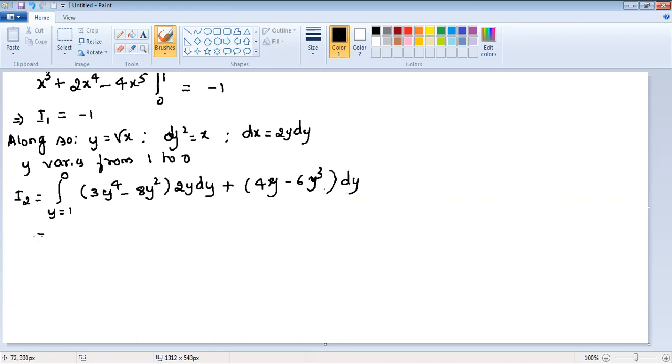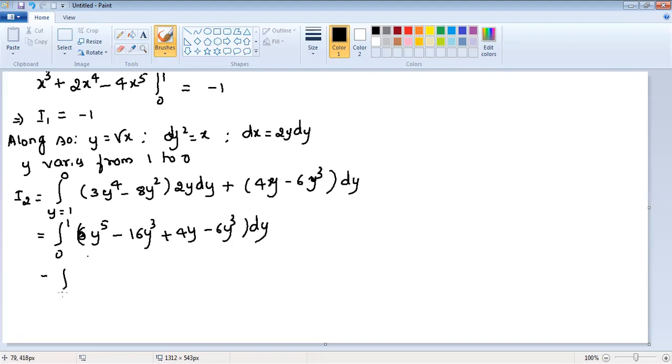So this is equal to integration from 0 to 1, 3 times 6y raised to 5 minus 16y cube plus 4y minus 6y cube dy.